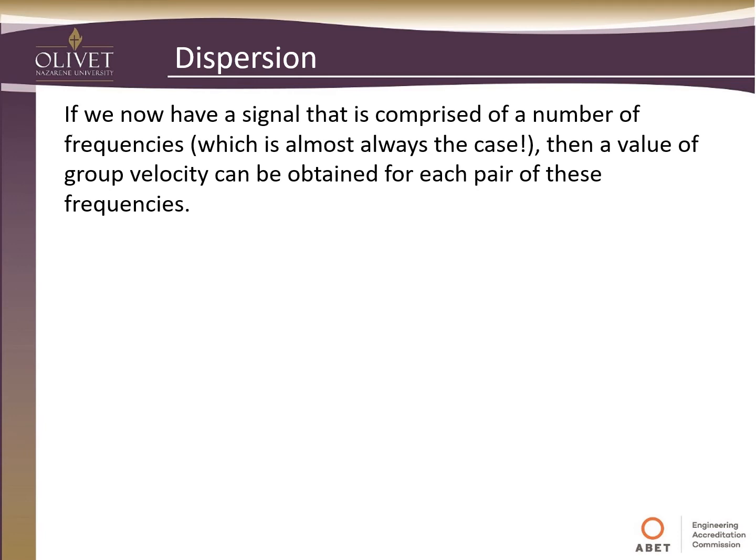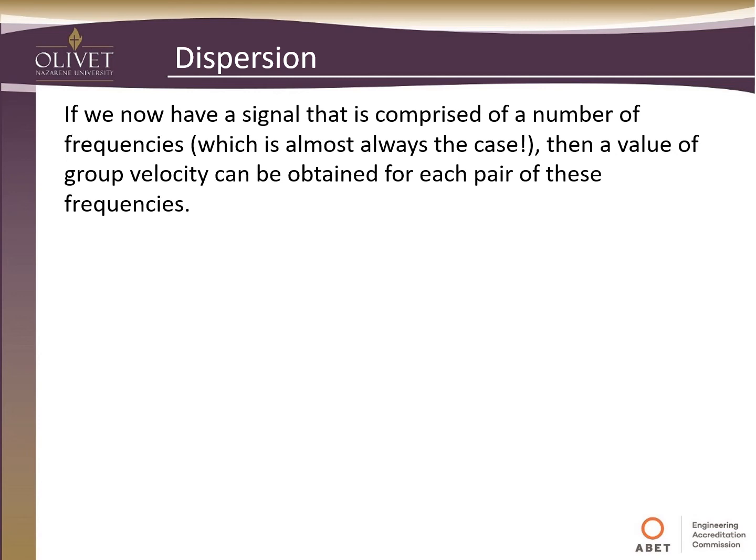If we now have a signal that is comprised of a number of frequencies, which is almost always the case, for those of you who've had communication theory or linear systems, or signals and systems, you know that one of the most common waveforms we deal with is the square wave, because we're transmitting either ones or zeros, since usually computers are talking back and forth.